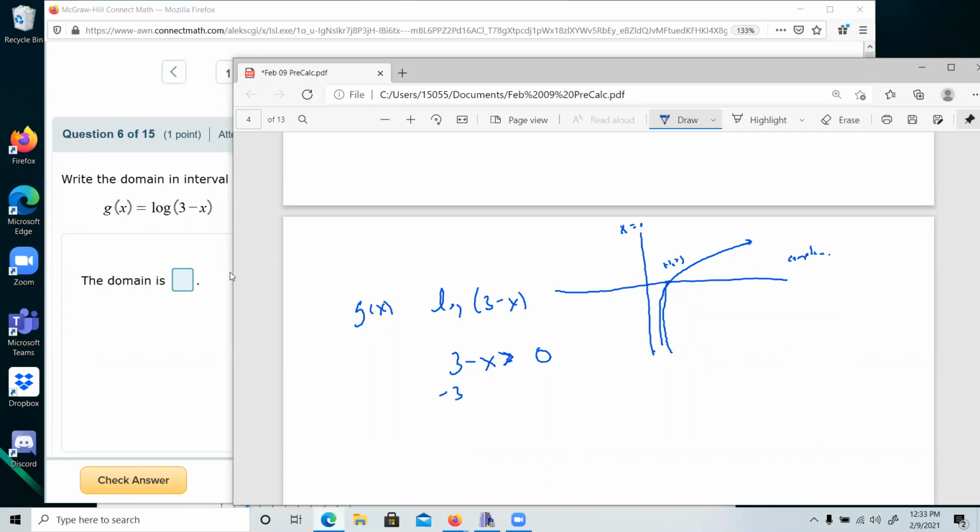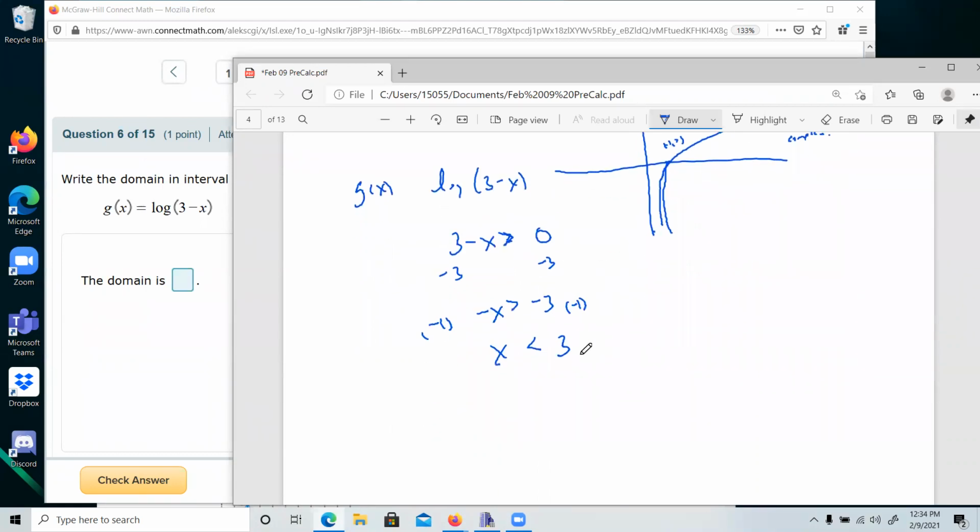Subtract 3 from both sides, and we get negative x is greater than negative 3. Then I'm going to multiply both sides by negative 1. Do you remember what we have to do with this sign here? We have to flip it because we multiplied or divided by a negative number. So x has to be a number that's smaller than 3. If I put in 3, it isn't going to work.